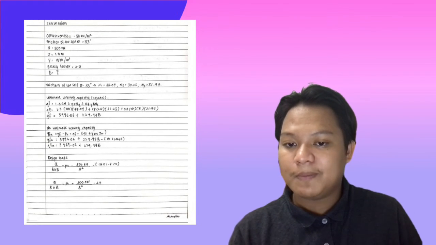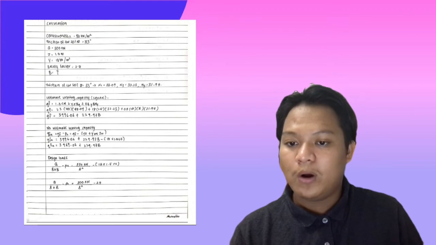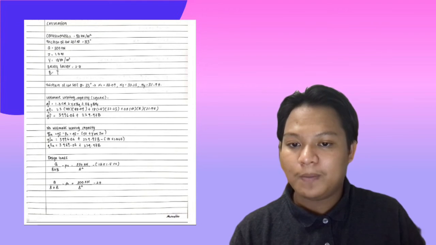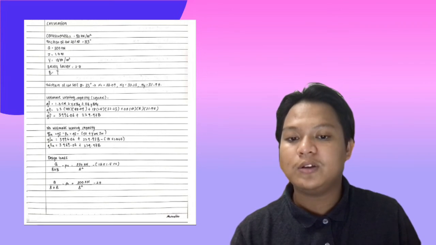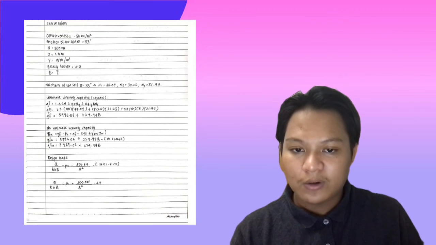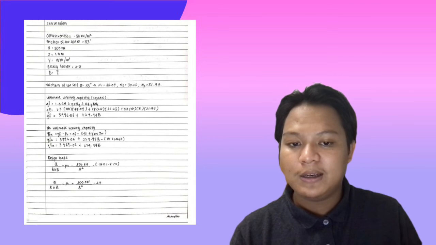To find the ultimate bearing capacity, the formula is qf equal to 1.3 c Nc plus γZ Nq plus 0.4 γB Nγ. So qf equal to 1.3 times 50 times 48.09 plus 18 times 1.5 times 32.23 plus 0.4 times 18 times B times 31.94.